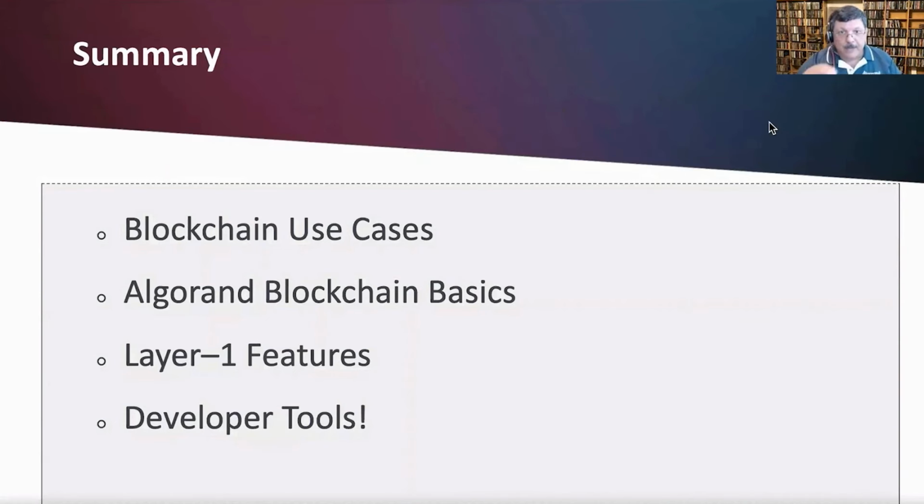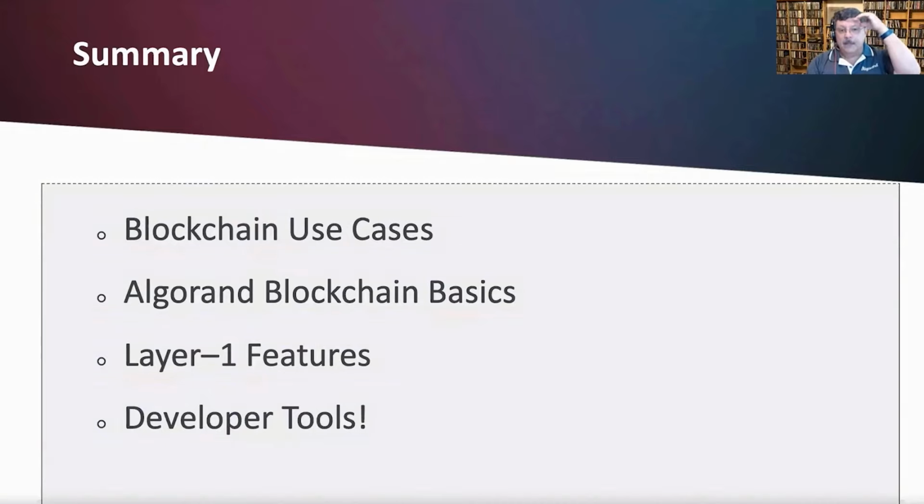So in summary, we covered a lot of ground here. We went over blockchain use cases to give you a feel for all the different vertical industries that really have applications that are good for blockchain use. A few of those that we mentioned were supply chain use cases, as well as DeFi, which is huge. Now NFTs, assets, tokens, anything that requires that sort of capability.